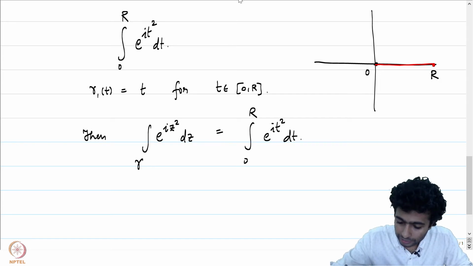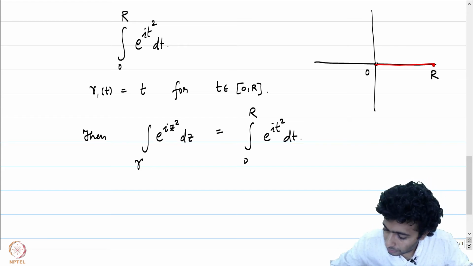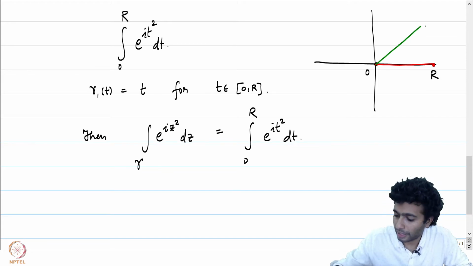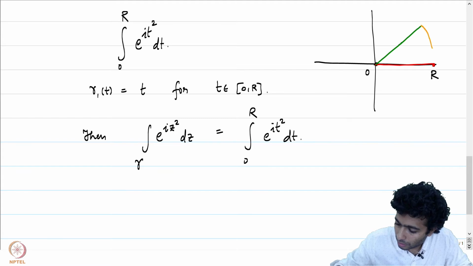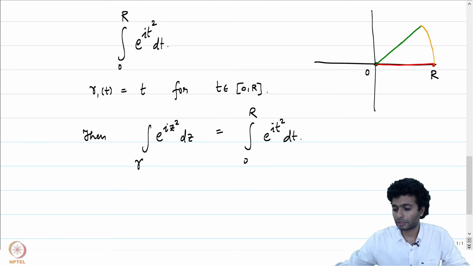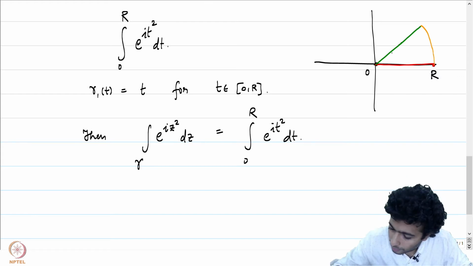In order to do that, let's look at the following path: the path at an angle of pi by 4, followed by the orange path, which is the portion of a circle of radius R. Let me write things down.